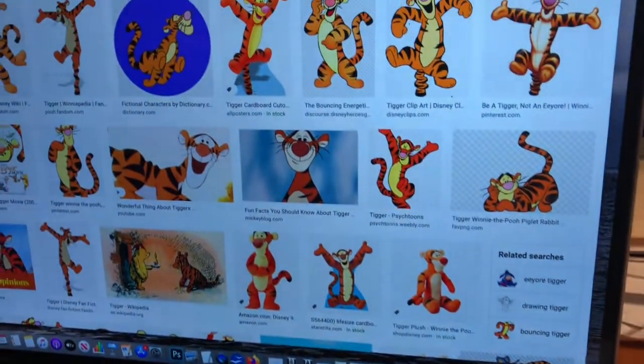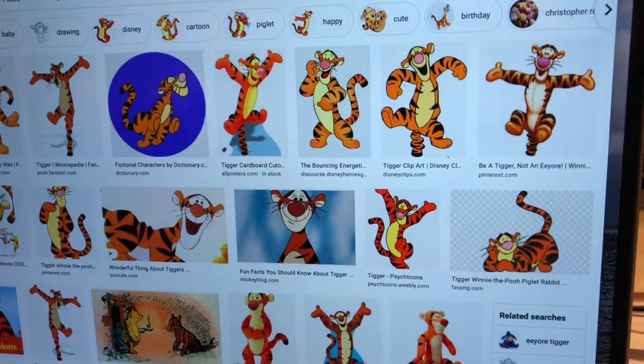So first thing, of course, as usual, what I've got is a lot of Tigger reference called up on my laptop right here. So now, having looked at a lot of Tigger, I'm ready to jump in.